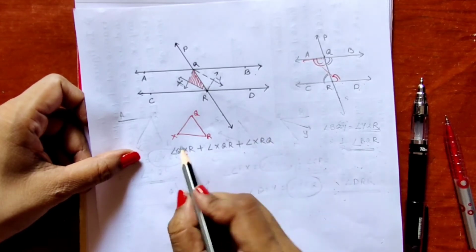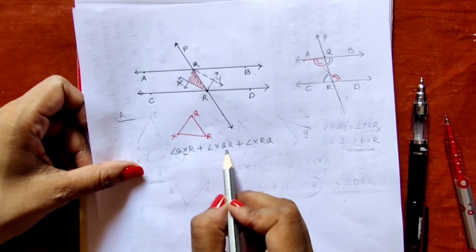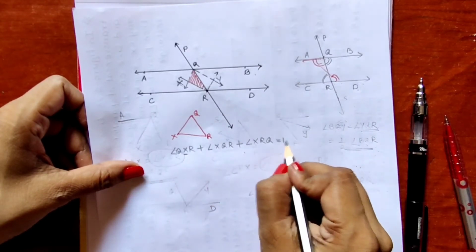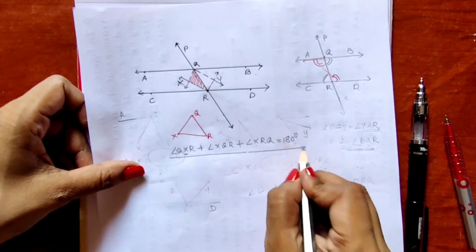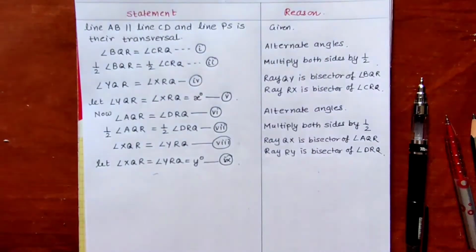And what is the property of sum of all three angles of triangle? Sum of three angles of triangle is 180 degree. So this property we are going to apply for this triangle. So let us apply.